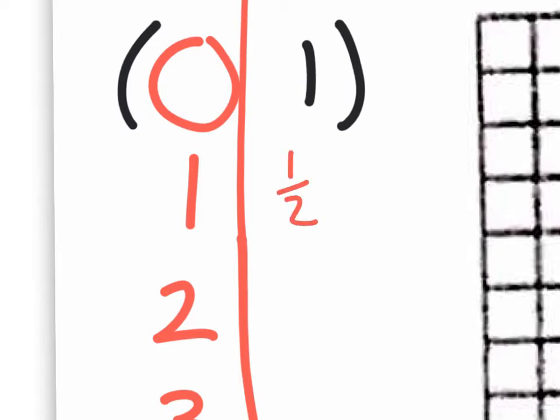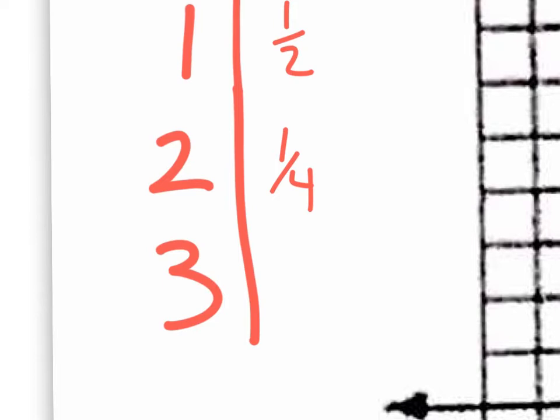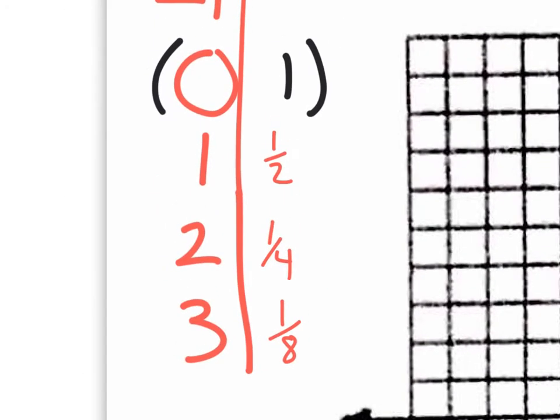If I decay 1/2 by half again, that would be 1/4. And if I decay 1/4 again by half, that's 1/8. The next one would be 1/16, 1 over 32, 1 over 64. It keeps getting infinitely smaller, but never actually gets to 0. It just keeps getting closer and closer to 0, but never actually touching.